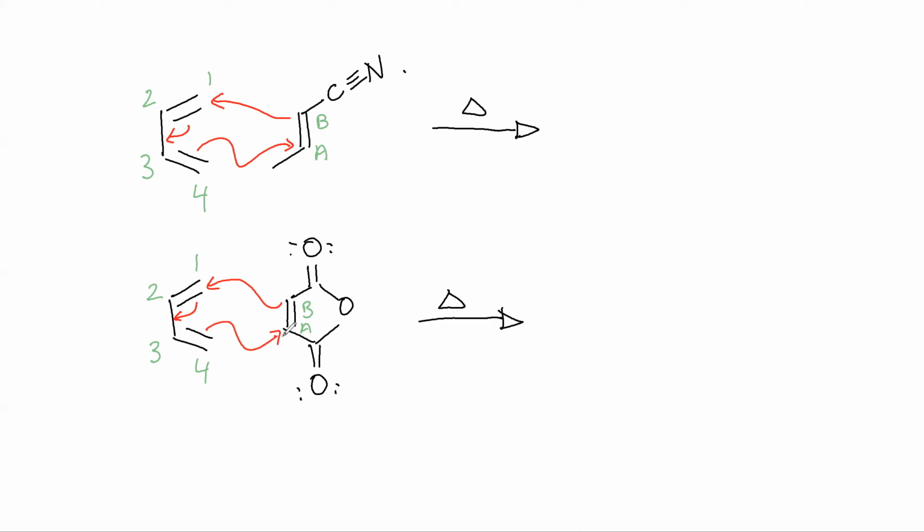So in each case, we make a 6-membered ring. And so it's a cycloaddition, so a 6-membered ring.